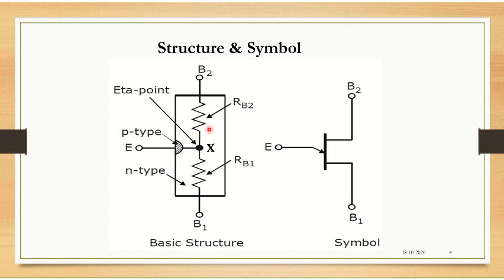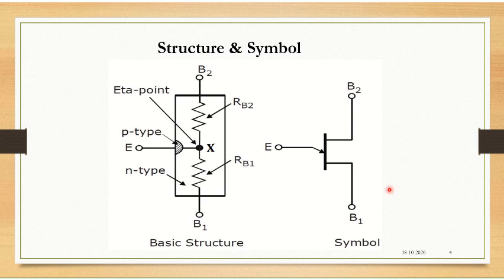Whereas when the emitter diode is forward biased, RB1 drops to a very low value, so the total resistance across E and B1 is very small, allowing the emitter current to flow. Then we say the UJT is in the on condition. We'll understand how it works.